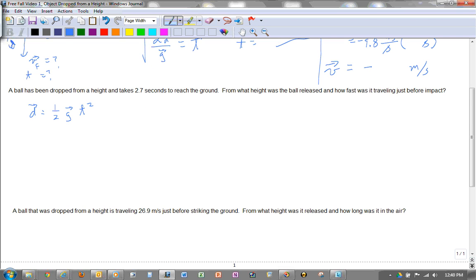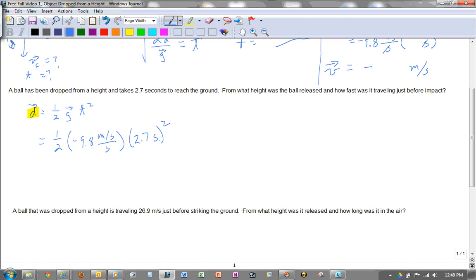And this time I am solving for the displacement, so I don't have to solve for the unknown variable. It's already isolated. So this is 1/2 times negative 9.8 meters per second squared times 2.7 seconds squared.